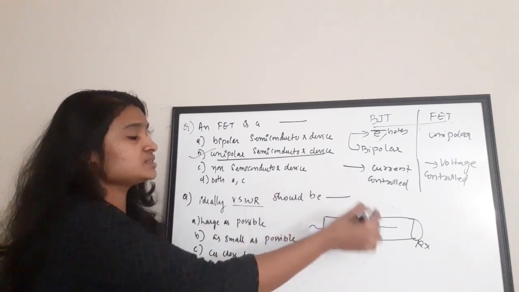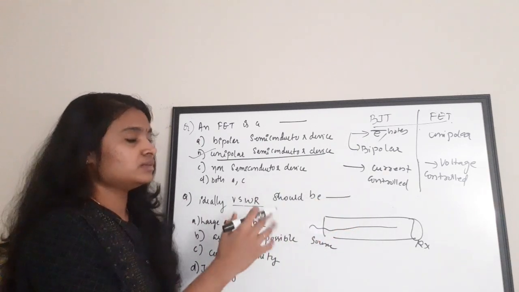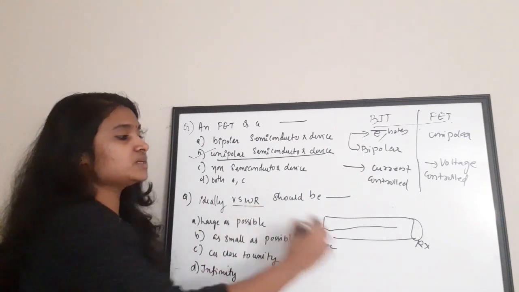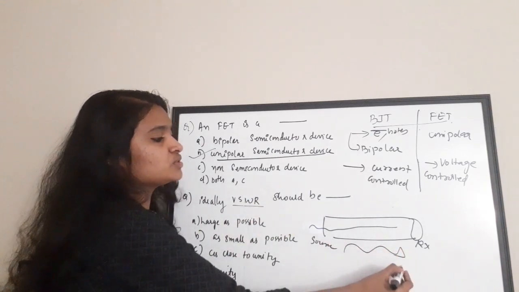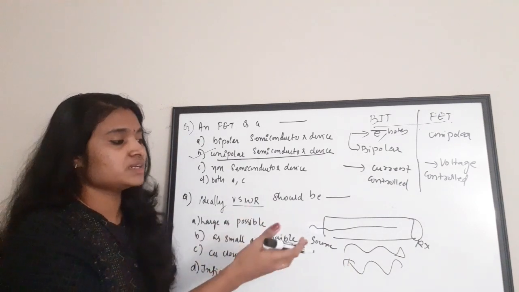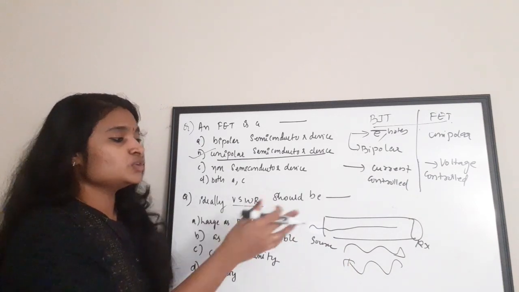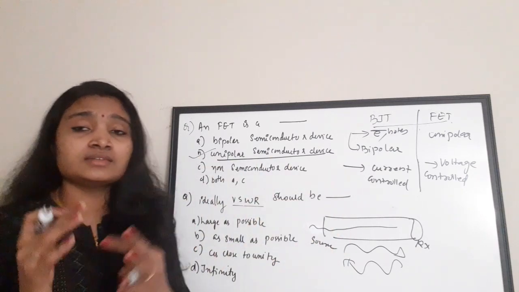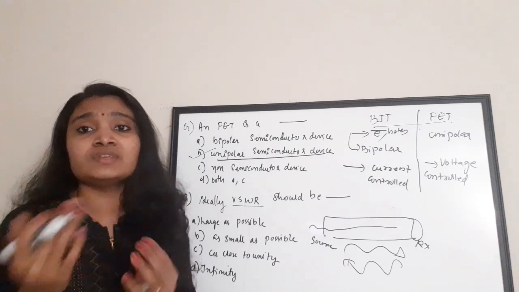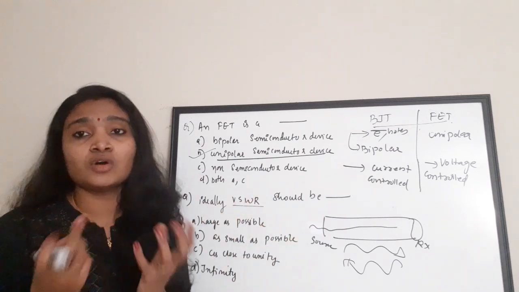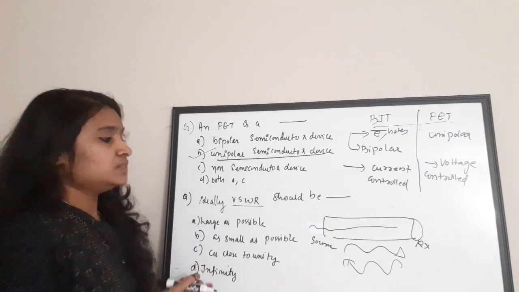This reflection will create some standing waves. That is, waves are traveling in this direction and also in the reverse direction, because the waves are getting reflected. Due to this forward and backward movement, we say that a standing wave is created, and due to this VSWR occurs.